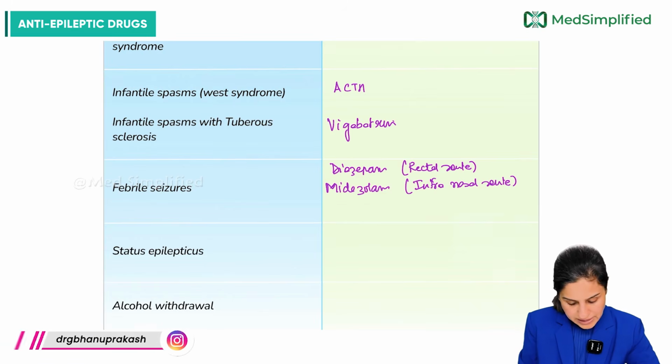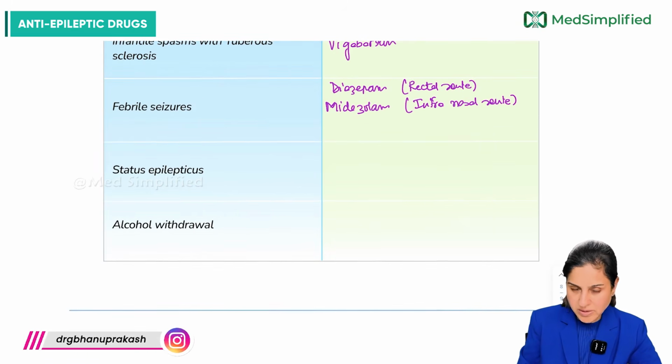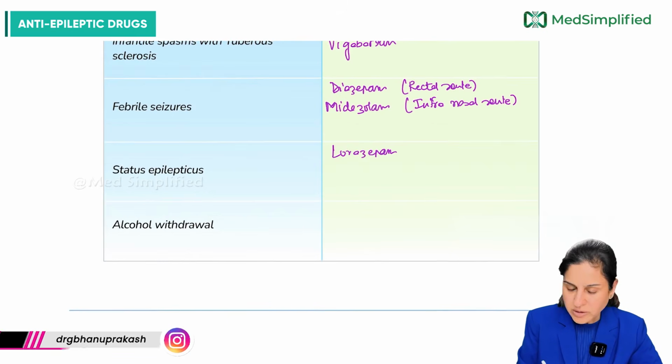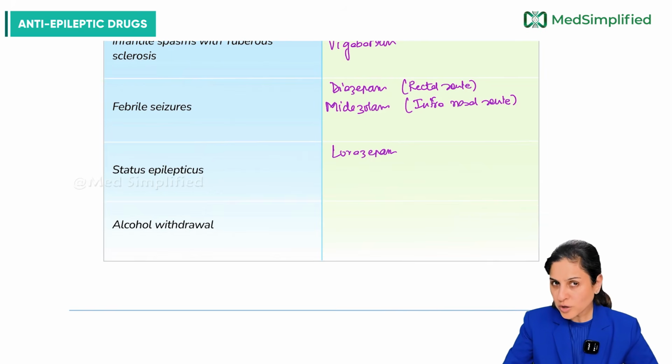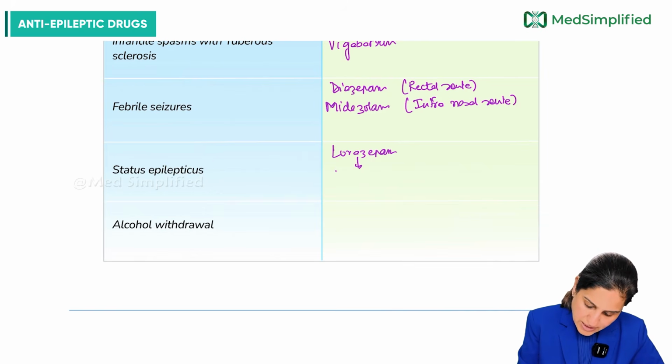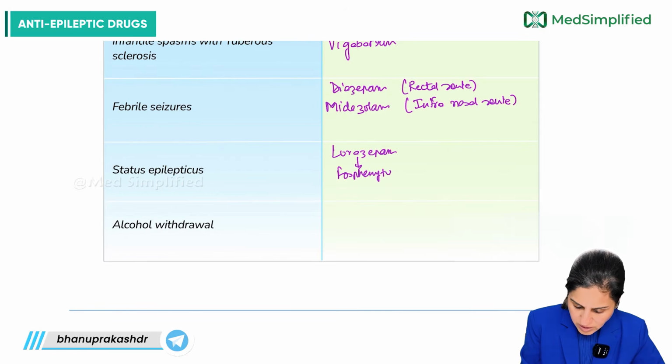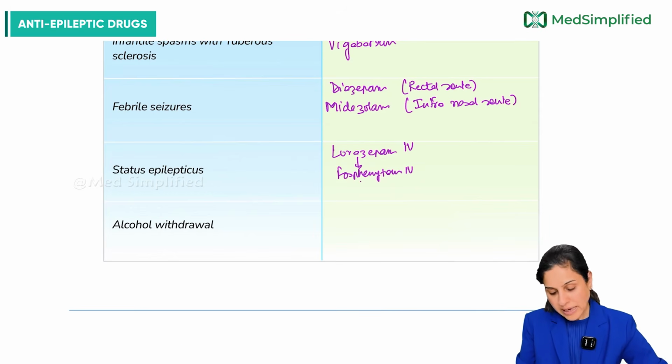Status epilepticus is an emergency condition where there are continuous epileptic seizures. The drug of choice is lorazepam by the IV route. If not available, then we move on to diazepam. Simultaneously, we start with fosphenytoin, which is a water-soluble form of phenytoin. So, lorazepam IV, start with fosphenytoin IV.